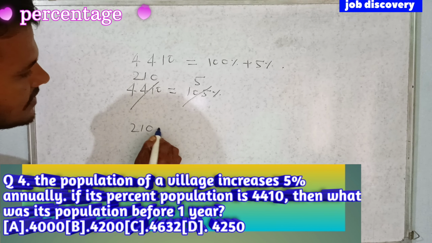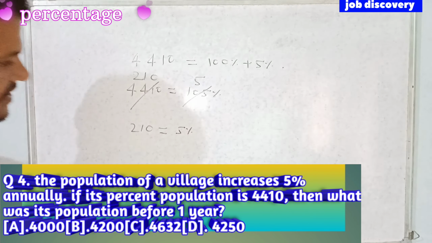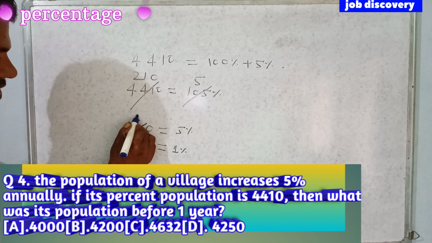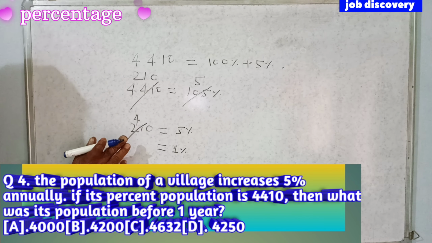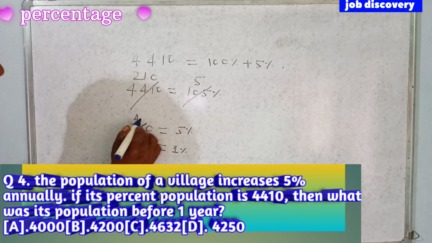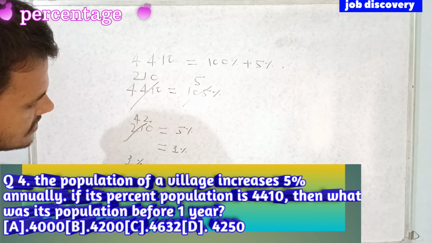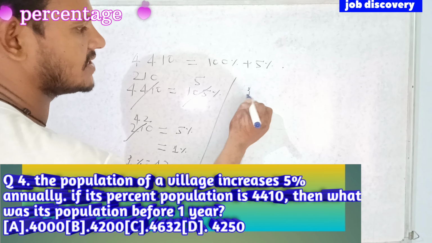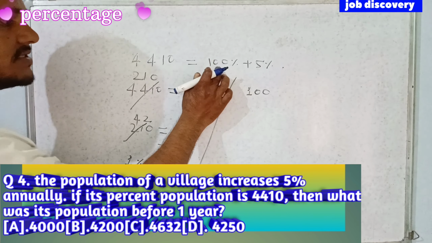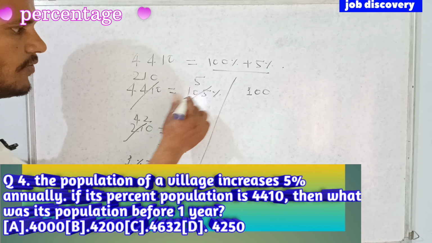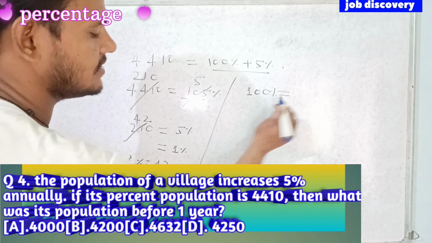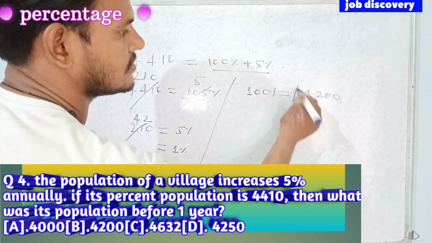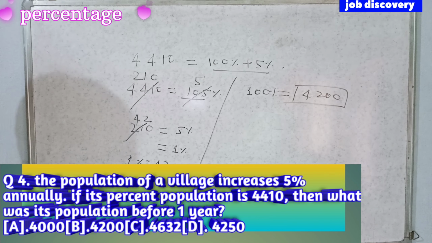So 210 is equal to 5%. 1% is equal to 5 4 20, and 5 2 10. So 1% is equal to 42. Our target is to find 100%. This is after the increase, 105. So 100% will be 42 into 100.